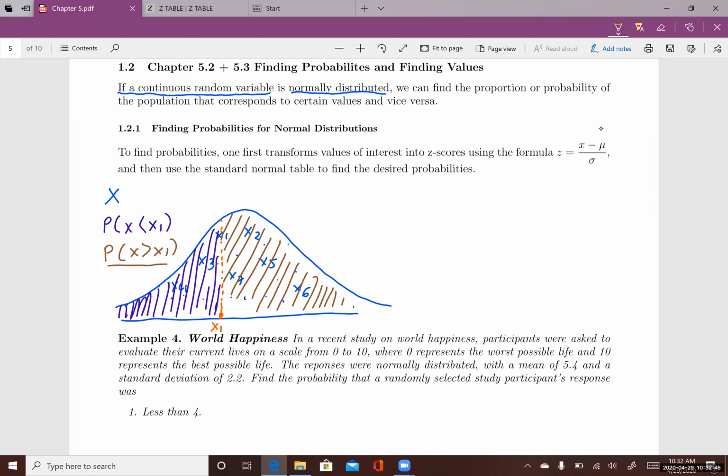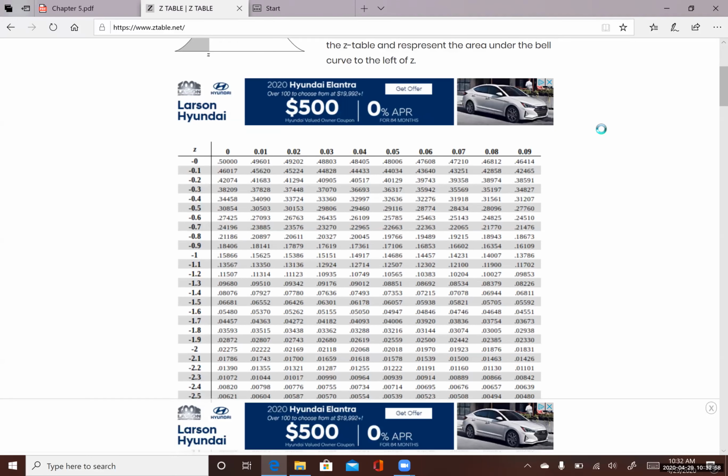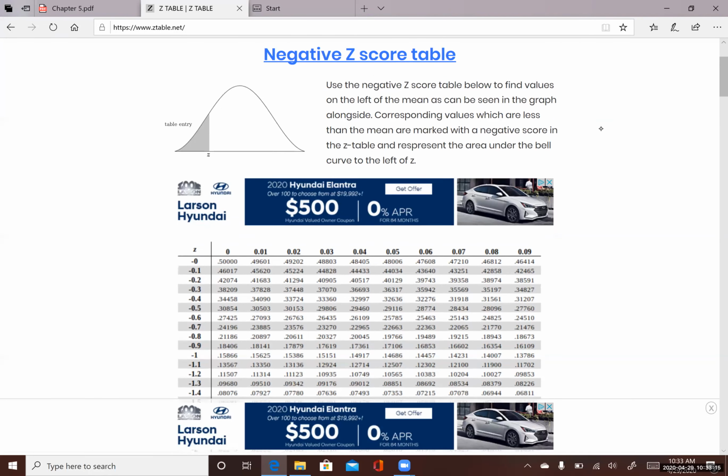You can certainly use, remember in the previous lecture, we talked about the Z table, the table that gives you the probability to the left of a standard score, Z score, in a normal distribution.